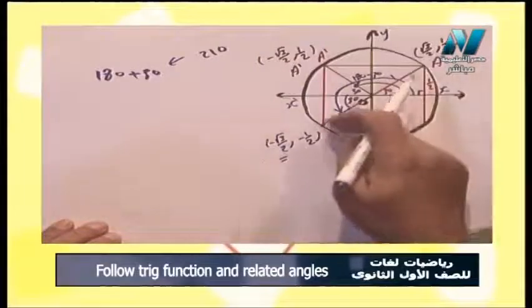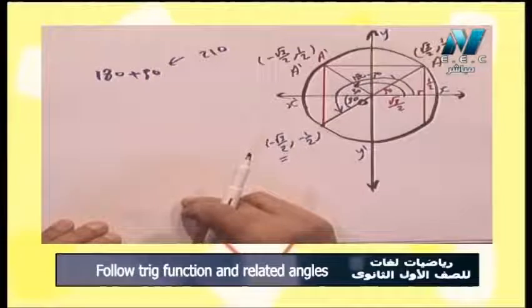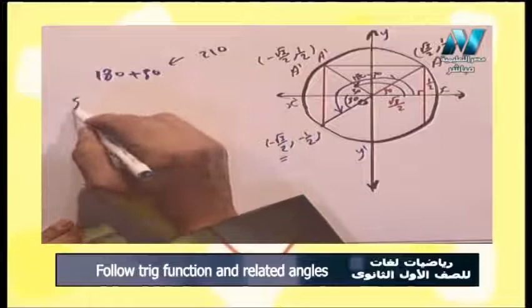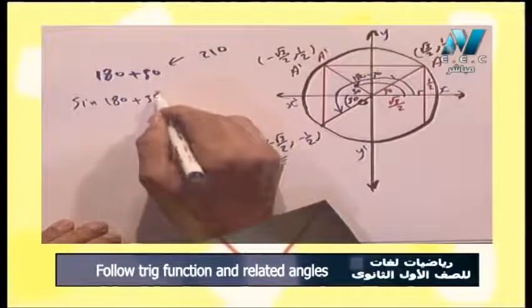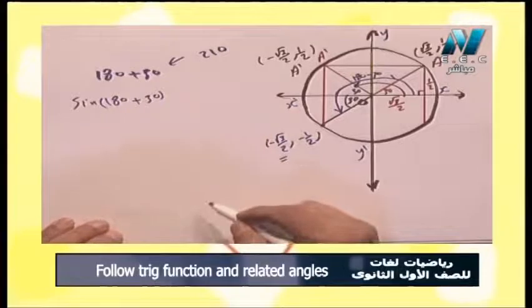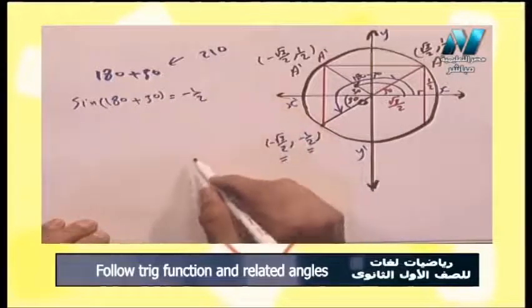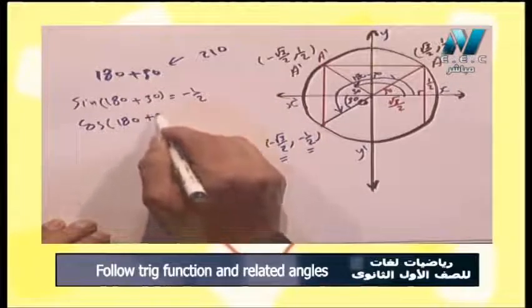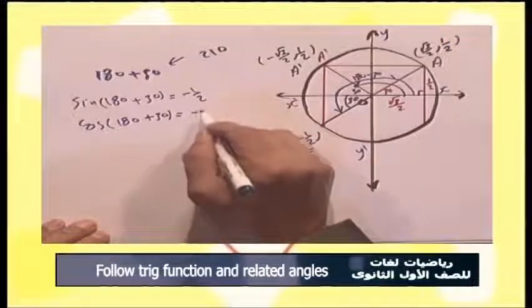So this angle is 210, and we can express it as sine 180 plus 30. So sine 180 plus 30 will be what? It will be negative half. And cosine 180 plus 30 will be negative root 3 over 2.